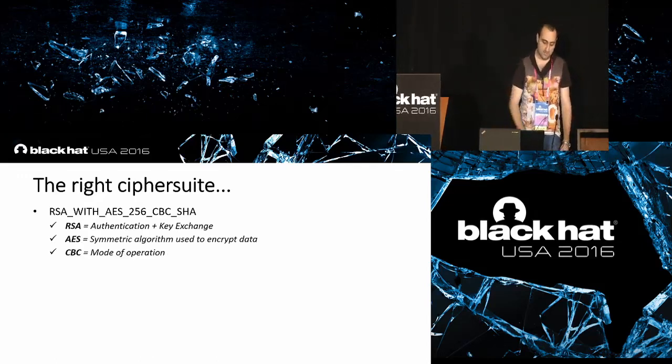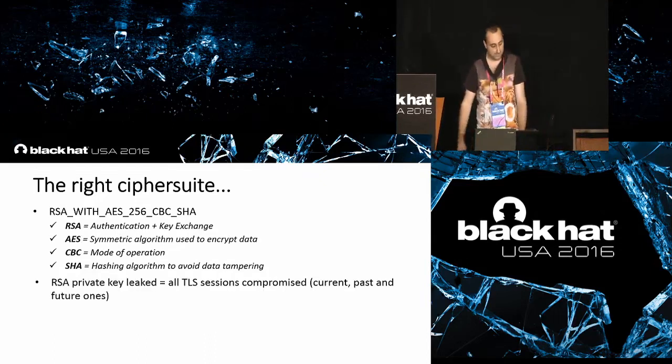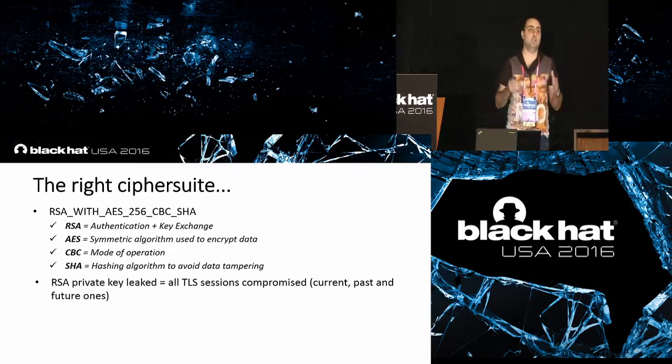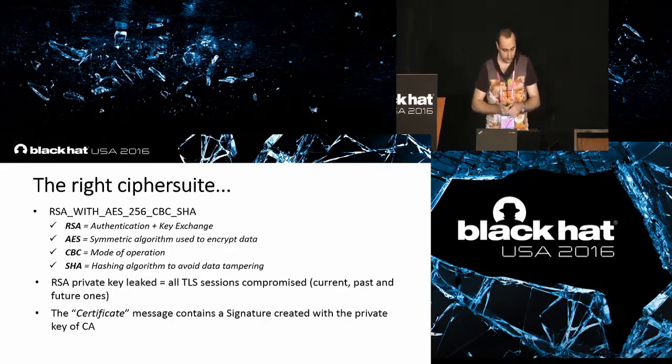AES is the symmetric algorithm, CBC the mode of operation, and SHA is the hashing algorithm. So when the RSA private key is leaked in this context, not only the current session, but also all those established in the past and the future with the same private key are compromised.